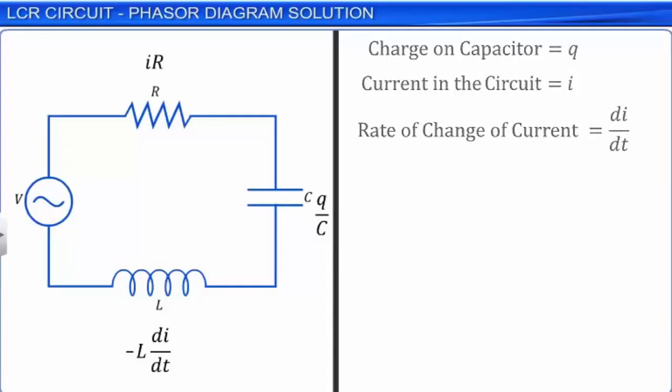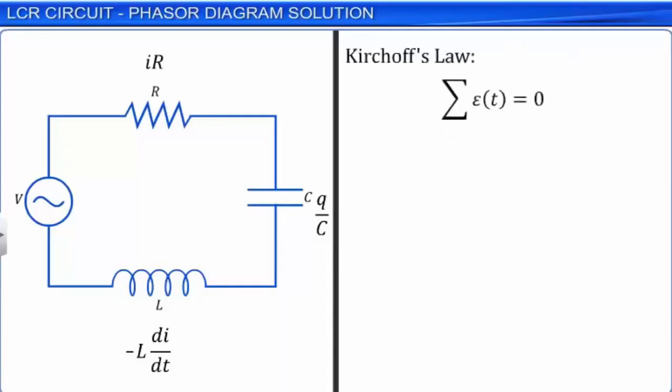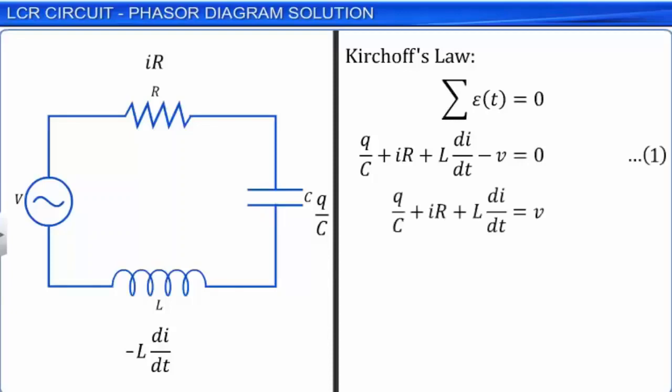Applying Kirchhoff's loop rule to this circuit, we get Q by C plus IR plus L dI by dt minus V equal to 0. Let this be equation 1. Since V is equal to Vm sin omega t, we get Q by C plus IR plus L dI by dt equal to Vm sin omega t.